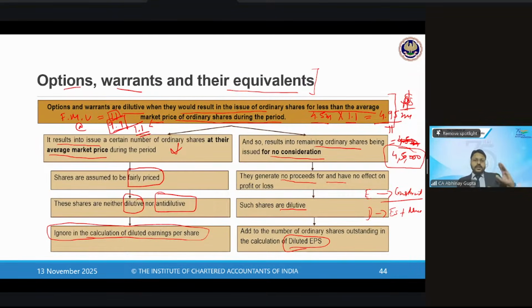One is the number of shares issued at a fair price, and one is the number of shares issued at no consideration, which is equivalent to the benefit passed on to the option holder. Only these shares we calculate and consider for diluted earnings per share purposes. Now, my question to all of you: are these shares actually getting issued?